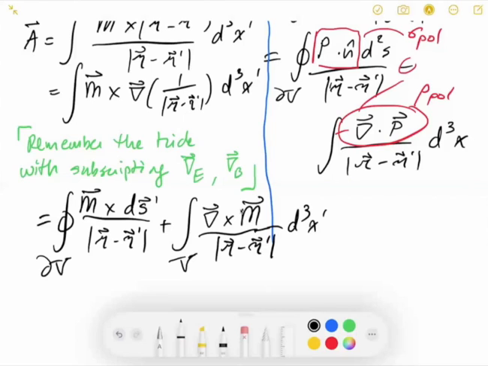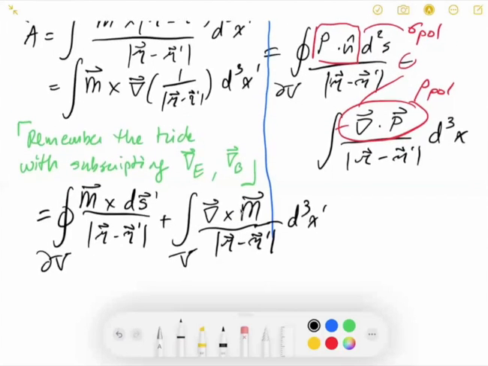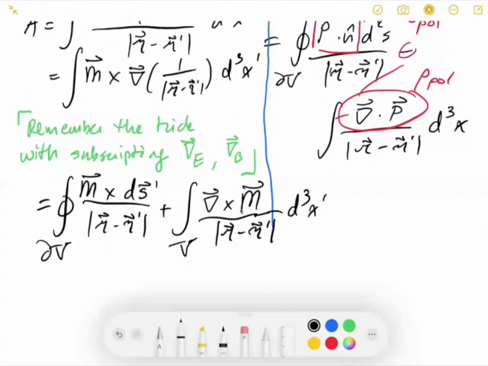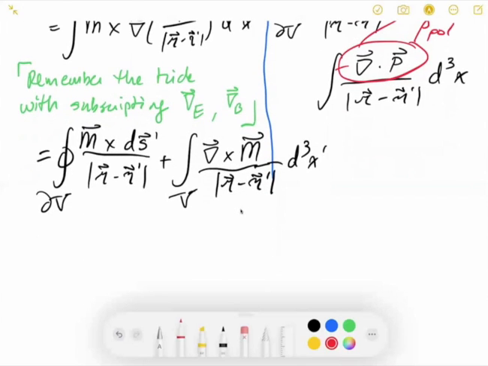If you remember how to calculate vector potentials from current distributions and from magnetic moments, you'll see that this is basically current, but it's now the magnetization current.